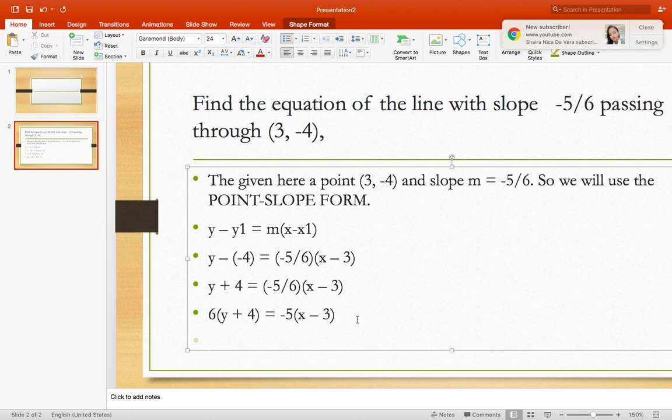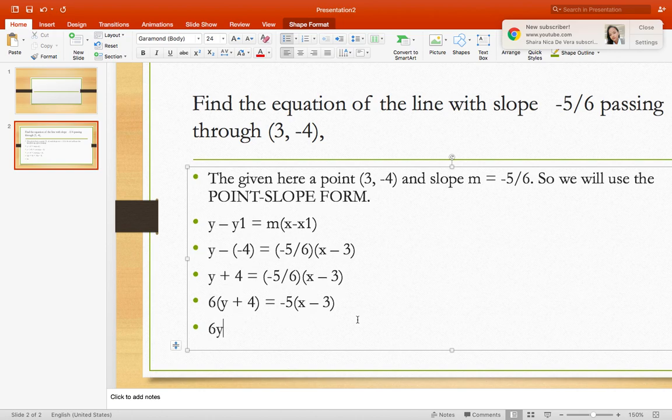So let's do what I just said. Let's distribute. So you have 6y plus 24 is equal to negative 5x. Negative 5 times negative 3 is plus 15. Okay. So we're going to bring negative 5x plus 15 to the other side.